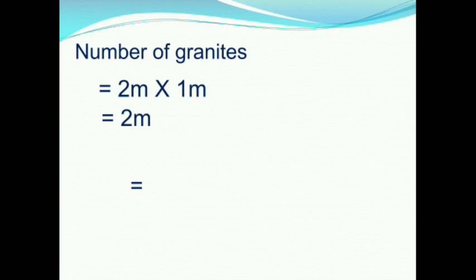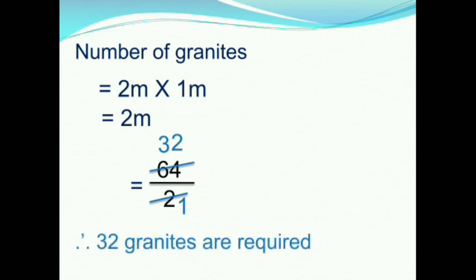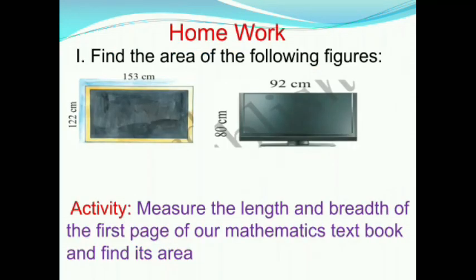To find out, we should divide area of the room by area of the granite stone. Area is 64 square meter. Area of the granite stone is 2 square meter. 2 32s are 64. Therefore, 32 granite stones are required to cover the floor of the room. Children, do this homework.